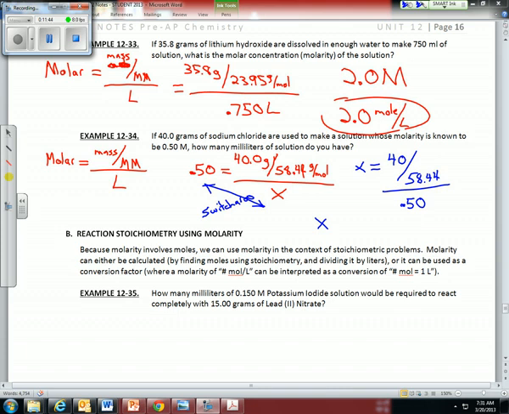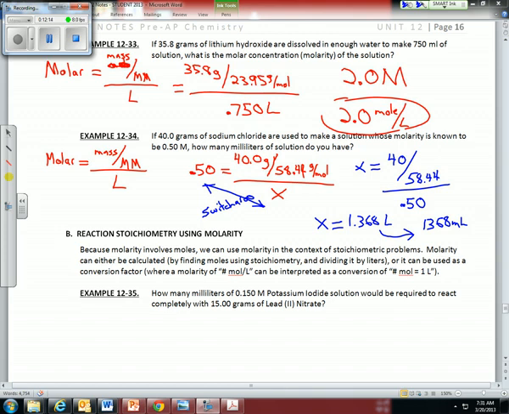And I would get 1.368 liters, because my answer comes out in liters. And then if I was to round that for sig figs, I would convert that to 1368 milliliters.